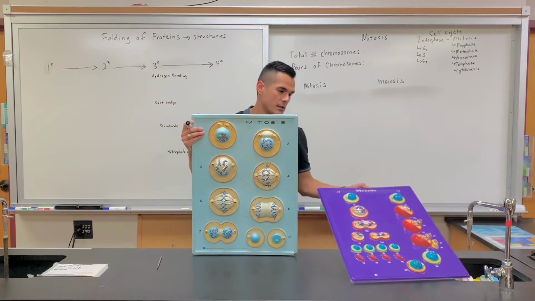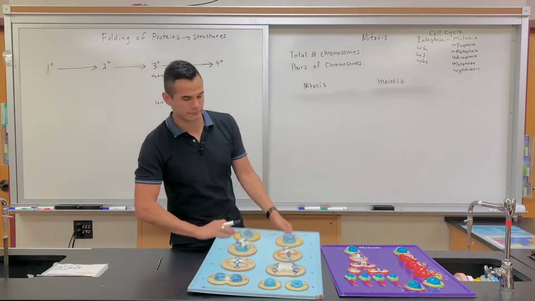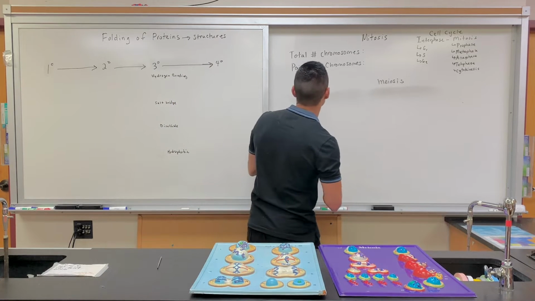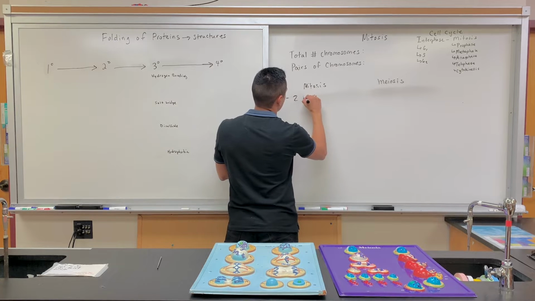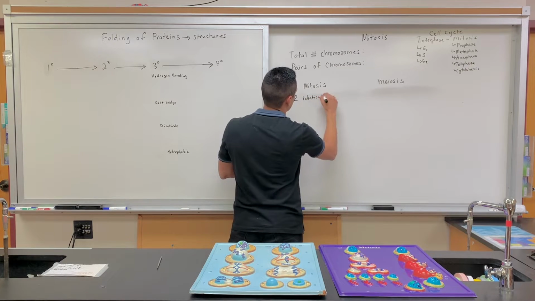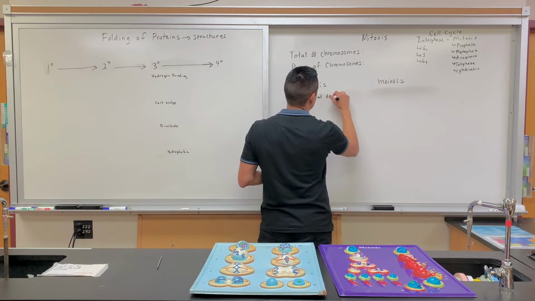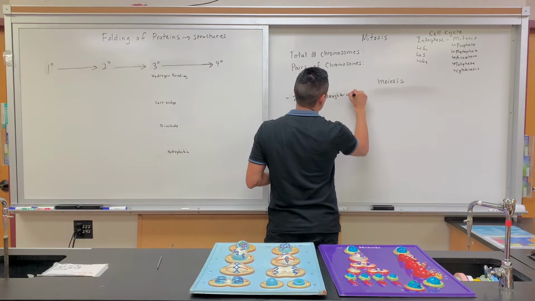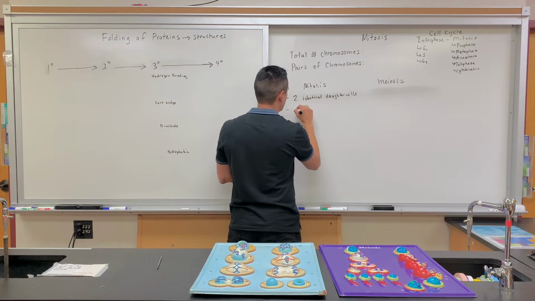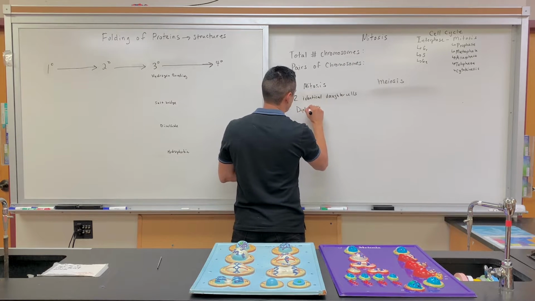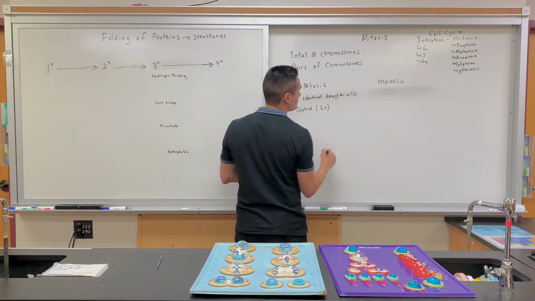Let's write that on the board. For mitosis, we have 2 identical daughter cells, and these 2 identical daughter cells are diploid, and we can write 2N.